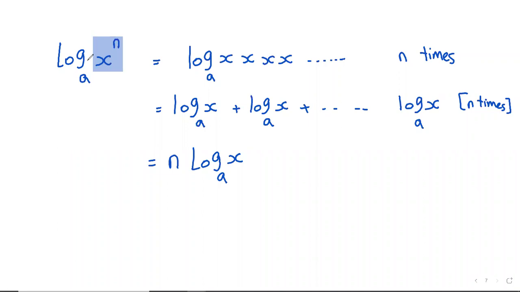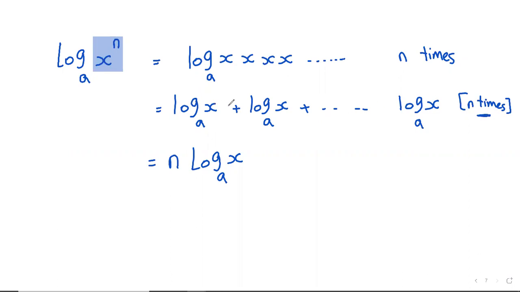If we want to find log x raised to the power of n in the base a, what is the meaning of x raised to the power of n? It's x multiplied by itself n times, like log x times x times x multiplied by itself n times in the base a. And from the previous rule, the multiplication rule, we can write them as log x in the base a plus log x in the base a plus log x in the base a, n times.